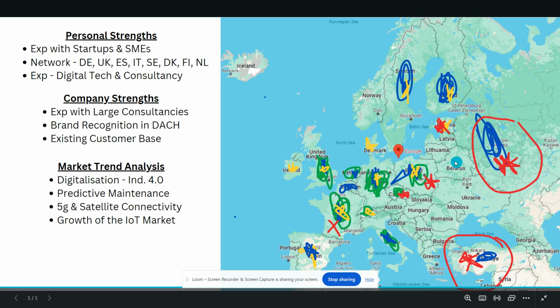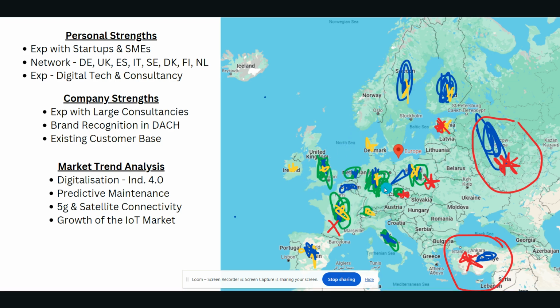As you can see, as you remember, I highlighted the three top industries that I wanted to target, and they were labeled in green, which was for manufacturing, blue for telecommunications, yellow for technology. And I highlighted the top 10 countries across Europe which were specialized in those areas.